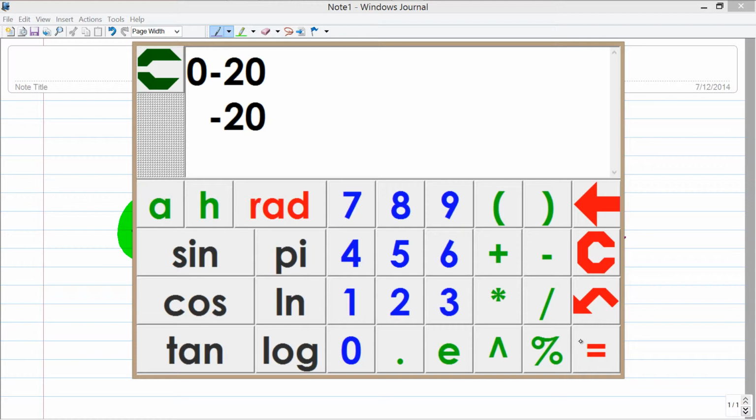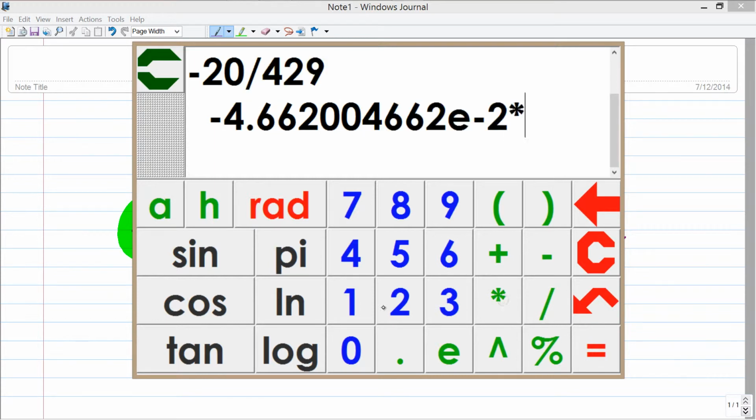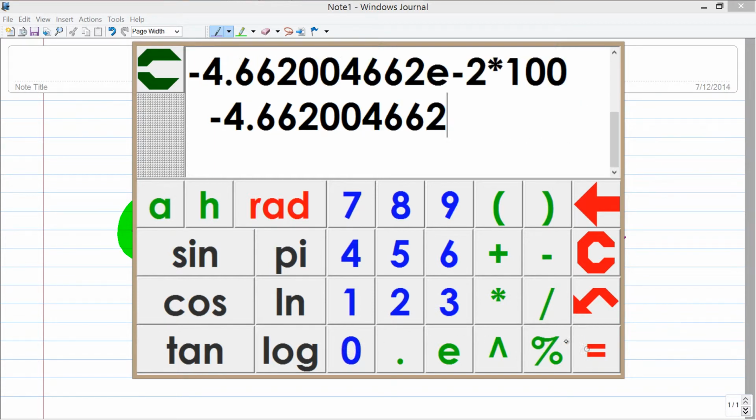That's a negative 20 cents divided by the starting value, which is 429 cents. Then we multiply times 100 to get a minus 4.66% change. It's not the same.